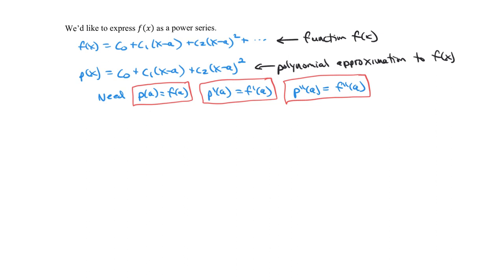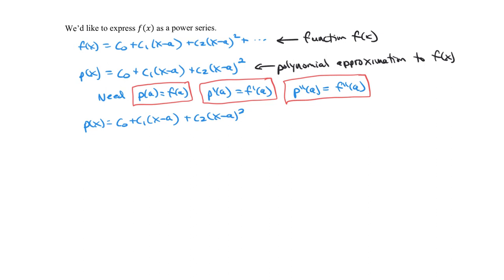Okay, so to get started, we've got our polynomial p of x that we're going to use to approximate the function, and I need to find the derivative and the second derivative. So let's just start off by writing down p of x. And remember these c sub n, where n is just some integer. So c sub 0, c sub 1, and c sub 2, these are just numbers, these are just coefficients.